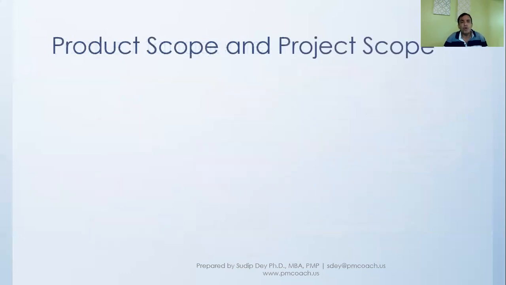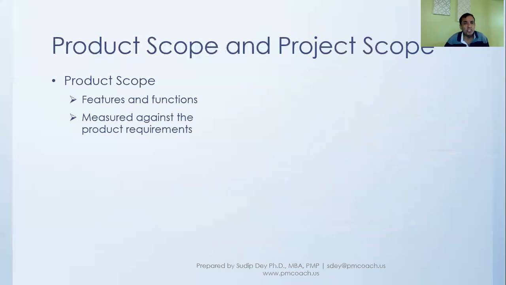Now, before we move forward, we need to understand the difference between product scope and project scope. Product scope is about features and functions, and it is measured against the product requirements.